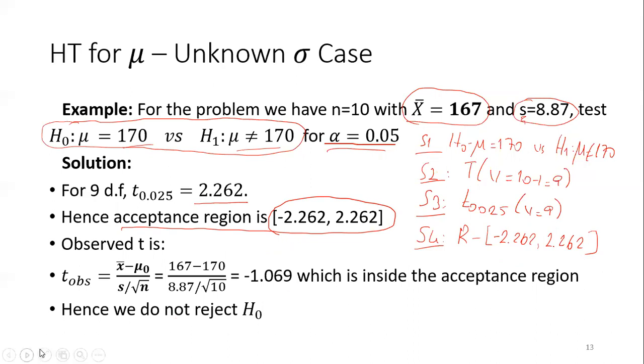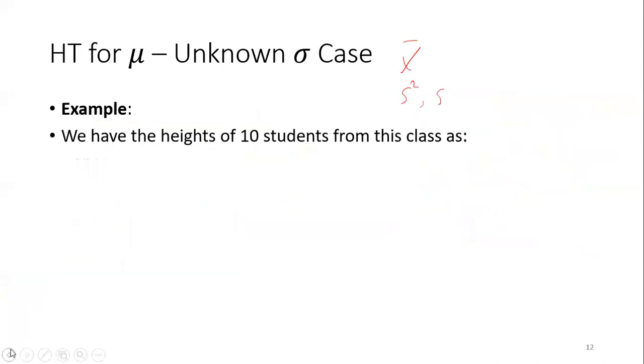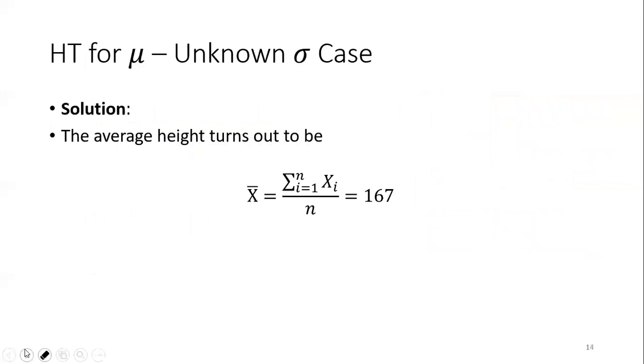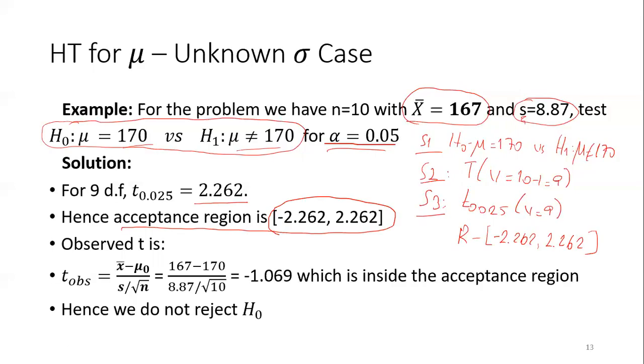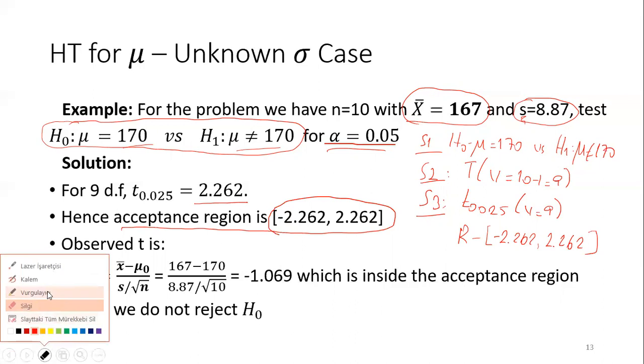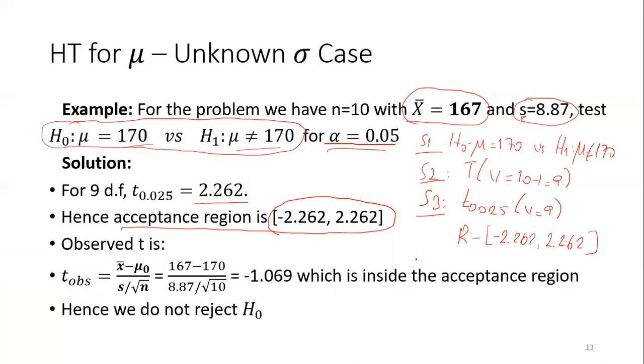So this is the rejection region. Now let's make step 4: find the observed t statistic, t observed.